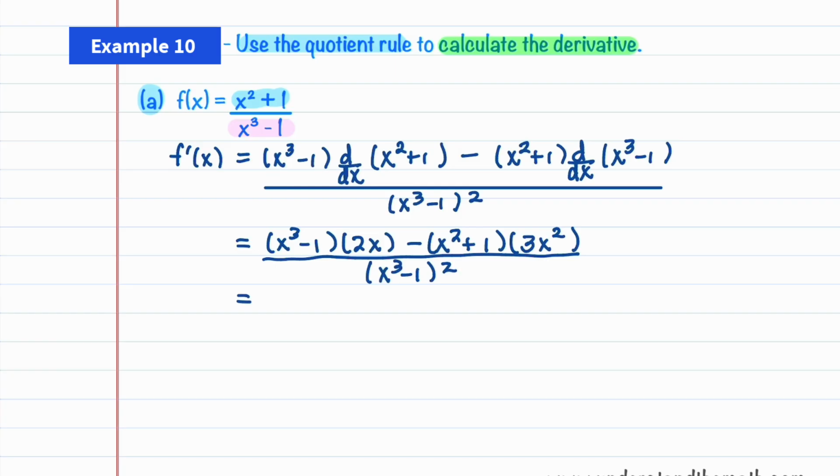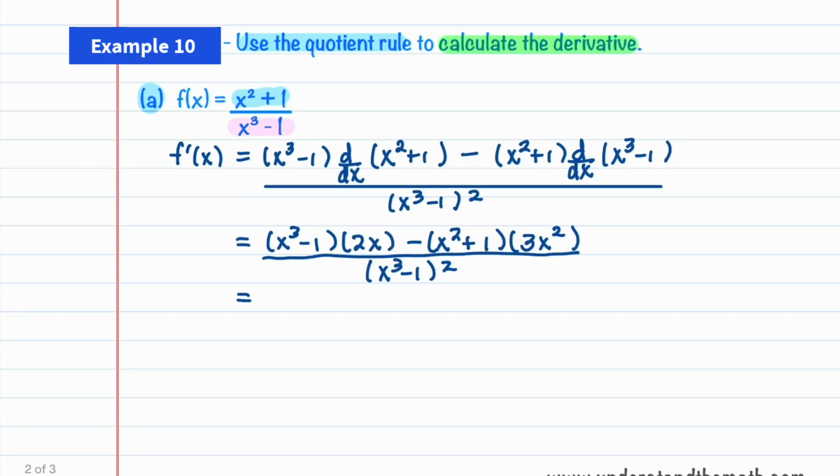Now let's look at our numerator and let's multiply everything out because some terms are going to combine. x cubed times 2x gives us 2x to the fourth, and then we have a minus 2x. Then we have x squared times 3x squared. That gives us a minus 3x to the fourth.